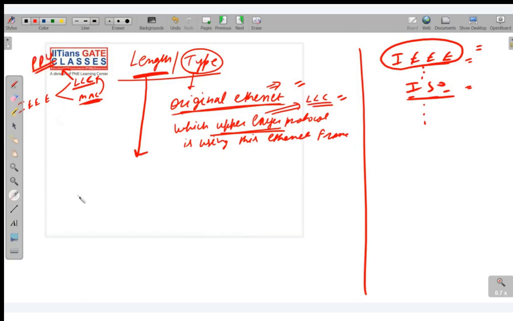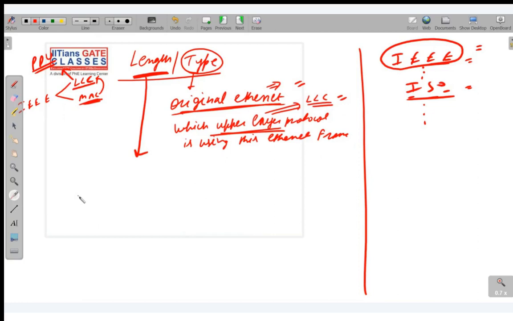In brackets you can write protocol data unit, which works at LLC.